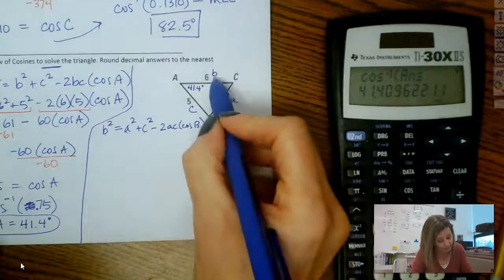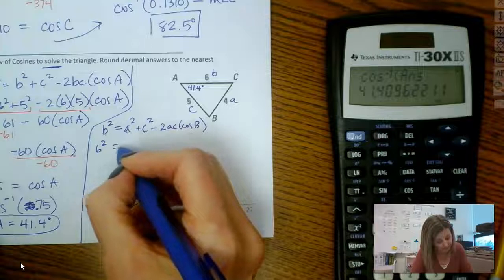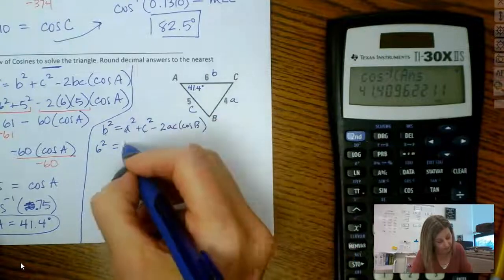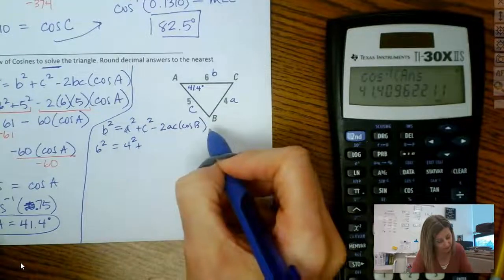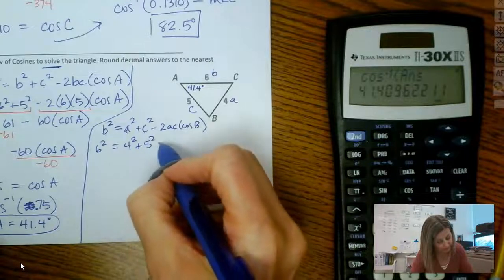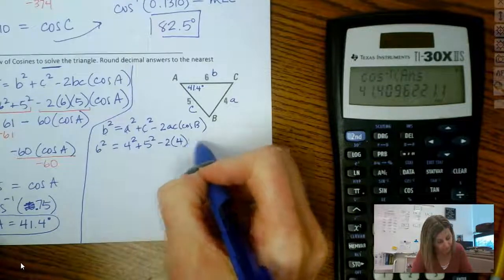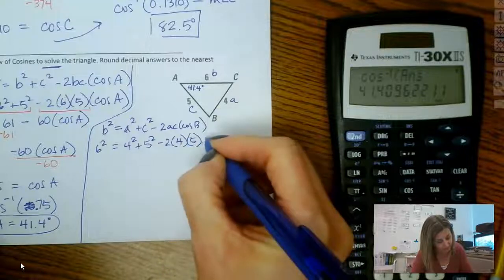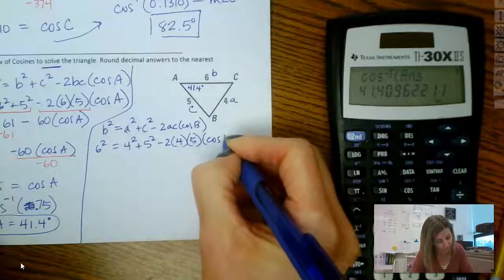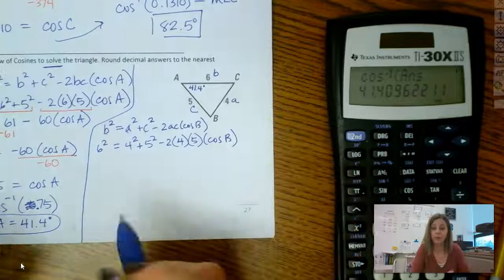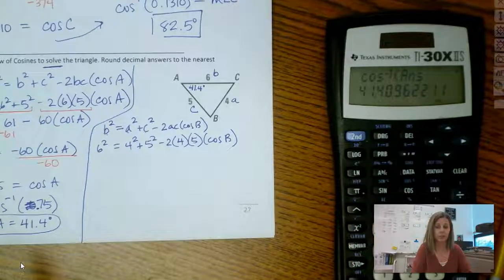And then now we just recalculate here. B is 6, A is 4 squared, C is 5, and 2 times 4 times 5. If you want to pause the video and try to keep going and see if you match the answer, you might try that.